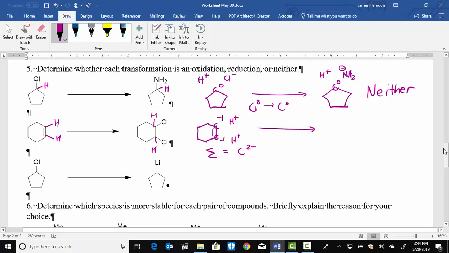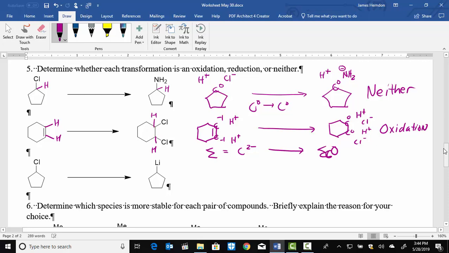Okay, this is going to produce 2 carbons that kind of look alike, H+ and Cl-. So this is 0 here. This is carbon 0, so the sum of these is 0. Okay, so when we go carbon -2 to carbon 0, we are actually increasing the oxidation number. -2 to 0 is an increase, therefore this is an oxidation.